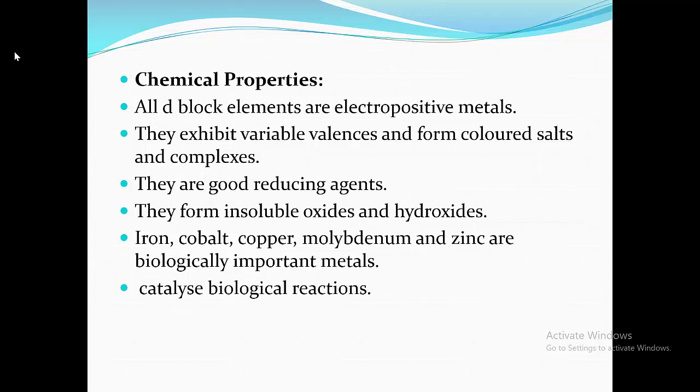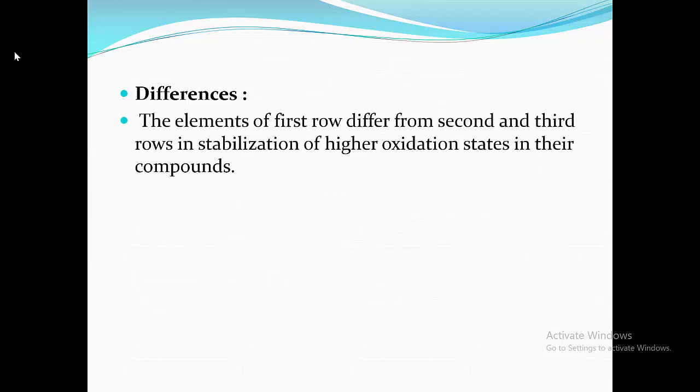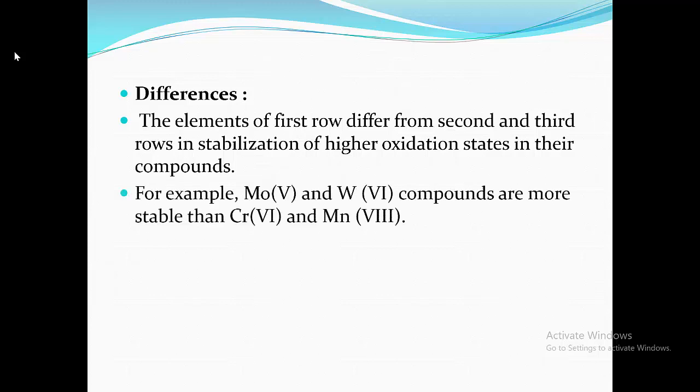They catalyze biological reactions. Now we are going to see differences between 3d, 4d and 5d series elements. The elements of the first row differ from the second and third row in stabilization of higher oxidation state in their compounds. For example, molybdenum(VI) and tungsten(VI) compounds are more stable than chromium(VI) and Mn(VII). Molybdenum is present in the second transition series while tungsten is present in the third transition series.